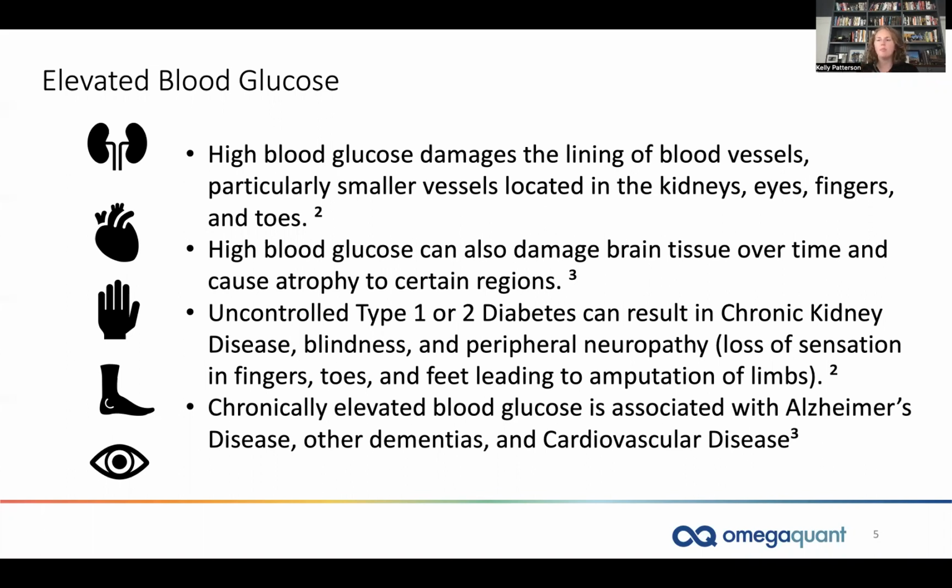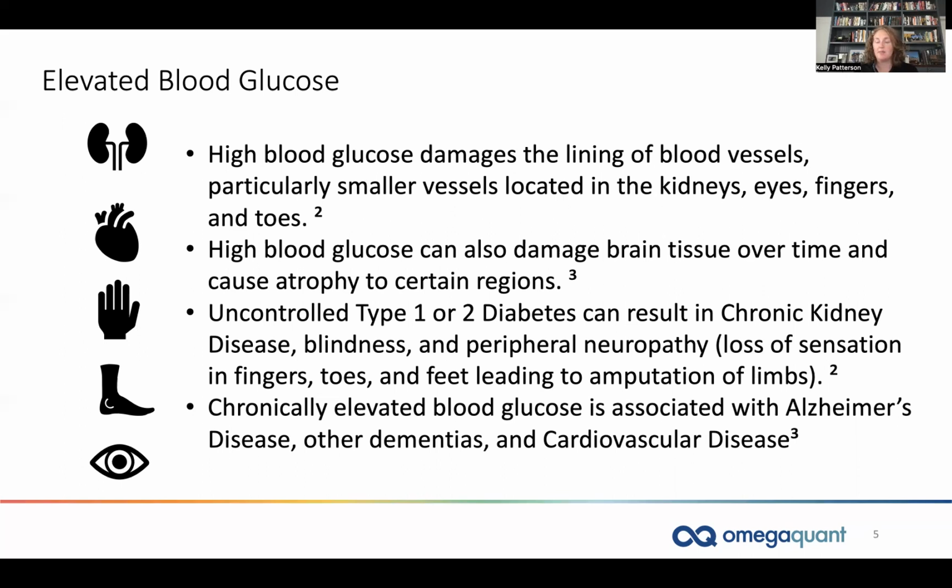The small blood vessels in our fingers, our toes, our eyes, our kidneys, those small capillaries, have a really hard time getting the blood through them, and it can cause damage to the lining of those blood vessels. So we lose circulation, those blood vessels experience damage, and we can start to see disease in those areas. This is typically associated with uncontrolled diabetes for a long period of time.